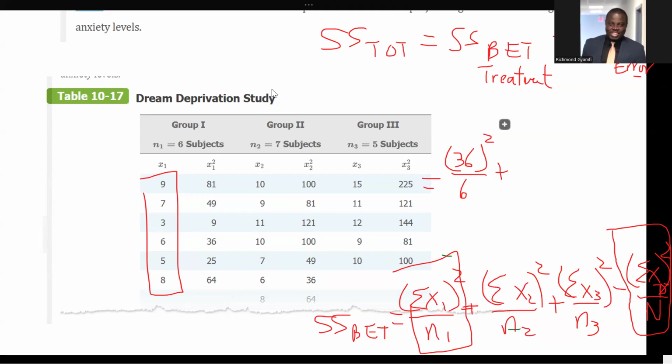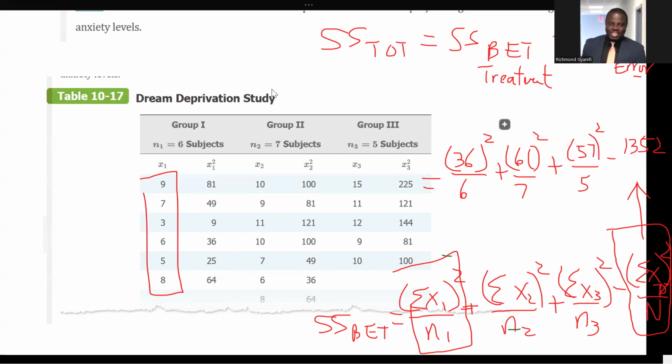So you're going to have 61 squared over 7 for n2. And then the third one, if you add all of them, we have 57 divided by 5 of those, minus this guy here, 1,352.